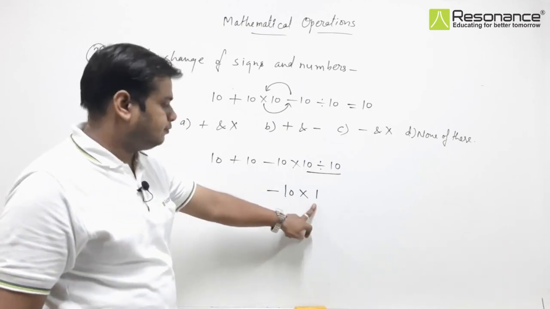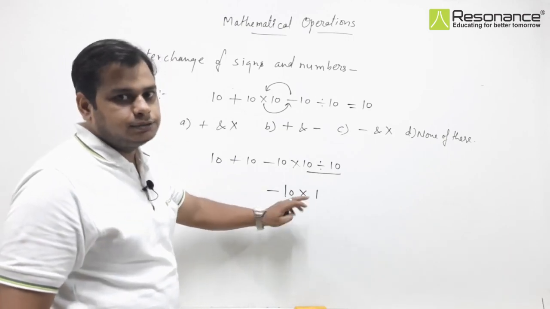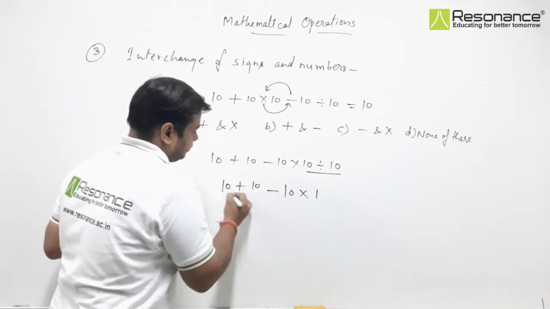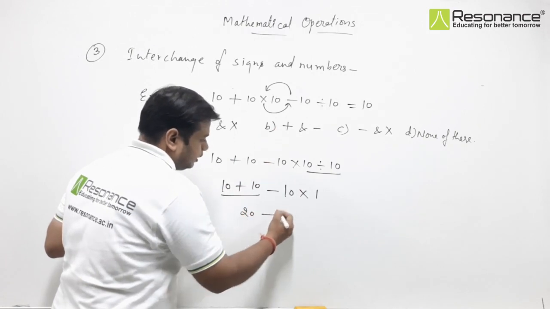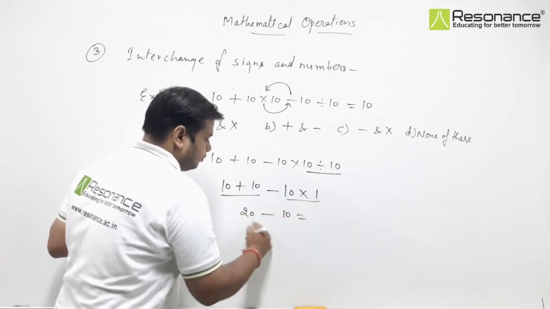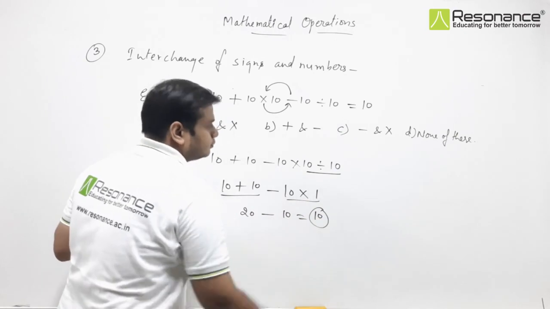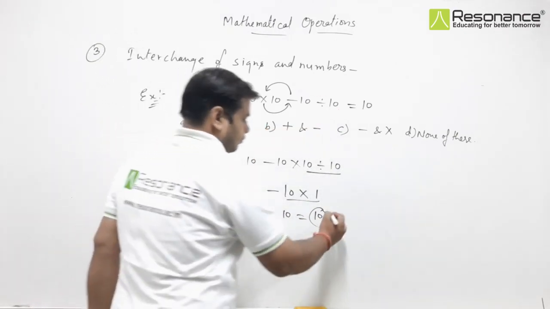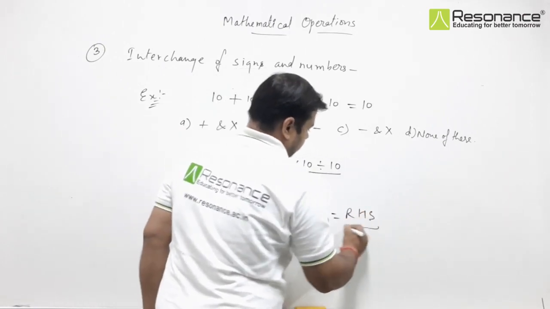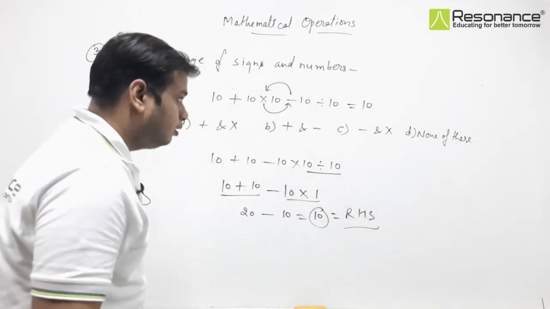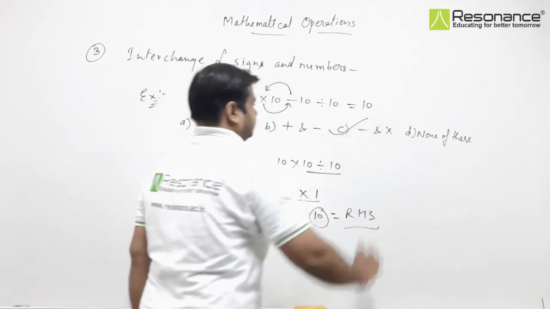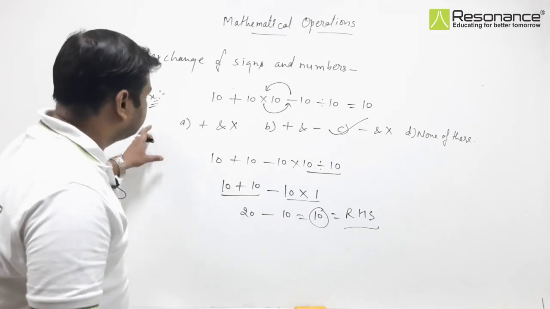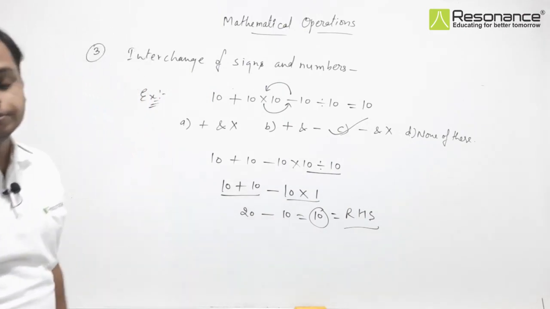Multiplication will not give us a larger number here. 10 plus 10 is 20, and 10 multiplied by 10 divided by 10 is 10, and 20 minus 10 is 10, which is written as equal to 10. So option C is the correct answer. This is how we have to solve. That is called interchanging of signs and numbers.